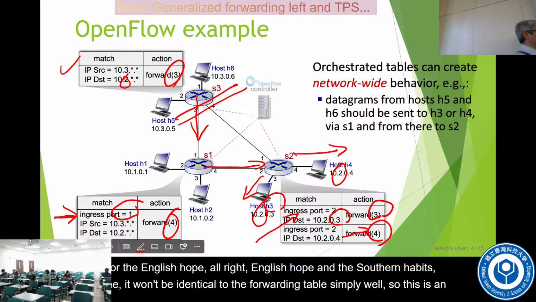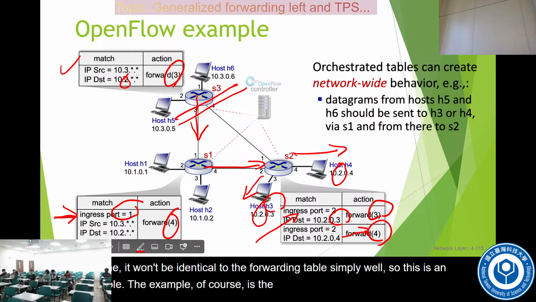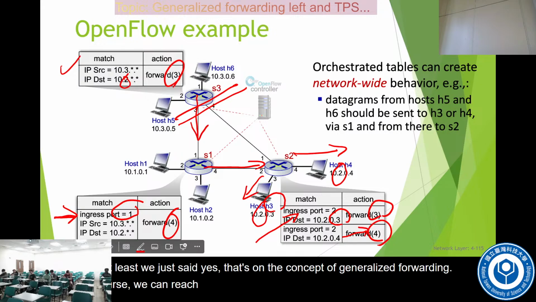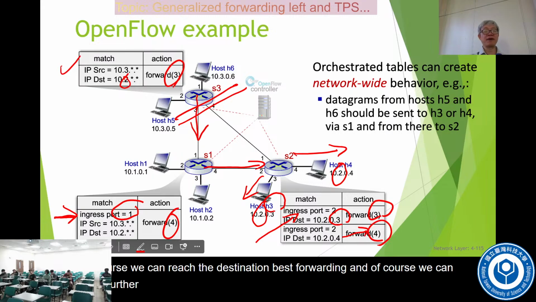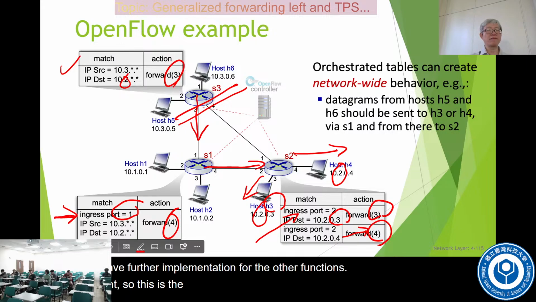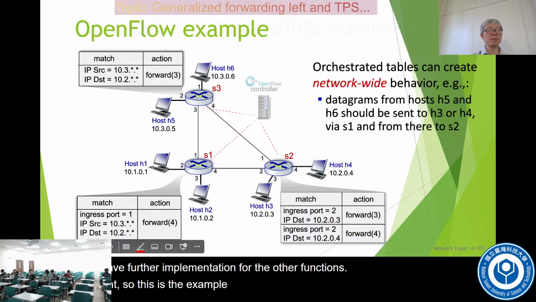Of course, it is a simple example. We just let you know, based on the concept of generalized forwarding, we can reach destination-based forwarding. And of course, we can implement other functions. So this is the example based on destination-based forwarding.